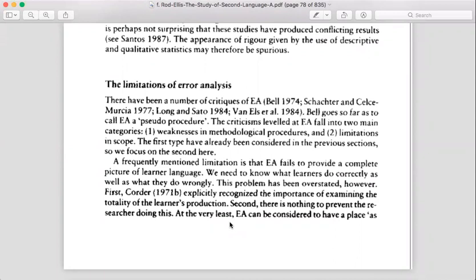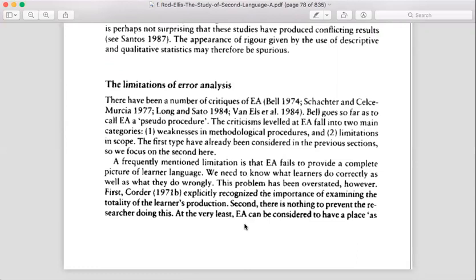Now, a frequently mentioned limitation is that error analysis failed to provide a complete picture of learners' language. Of course, when errors are being worked on, they are worked on a limited sample, and competence errors cannot be fully evaluated. We need to know what learners do correctly as well as what they do wrongly.